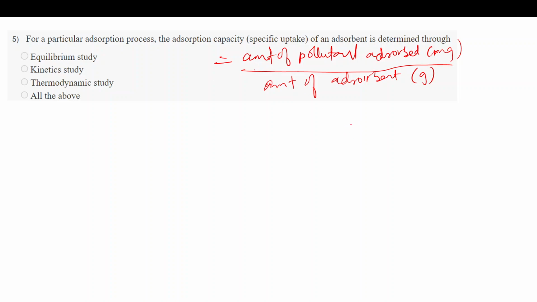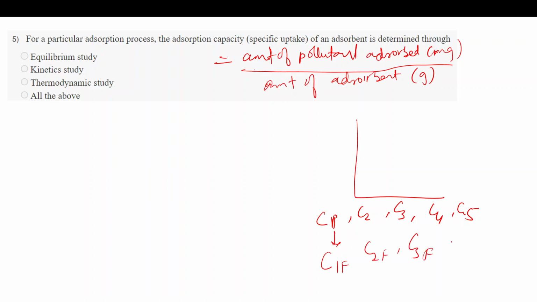Okay. So what you do in this experiment, you choose different initial concentrations, say C1, C2, C3, C4, and C5, right? And then you calculate, for each of these initial concentrations of pollutant, the final concentrations C1F, C2F, C3F, C4F, and C5F.